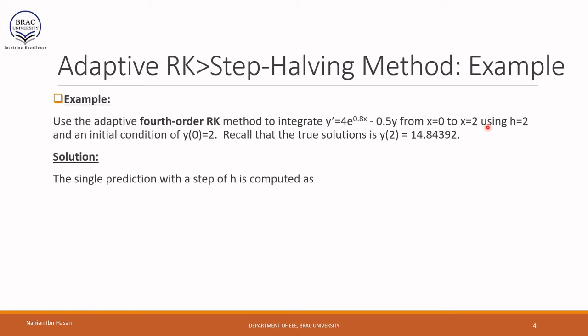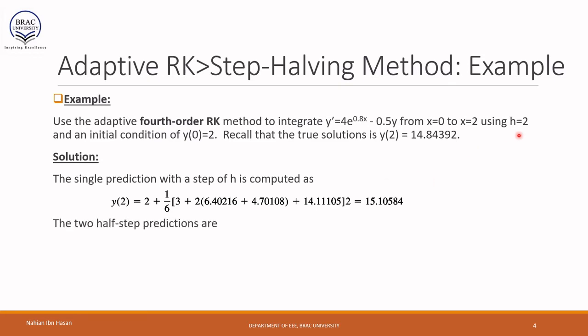Using the original step size h equal to 2, we find the value of y at x equal to 2 with just a single step. With a single step, the function value turns out to be 15.10584. Now let's take the half step size.